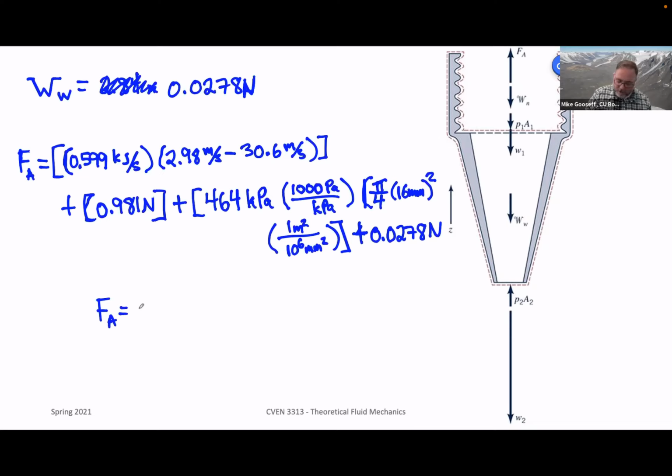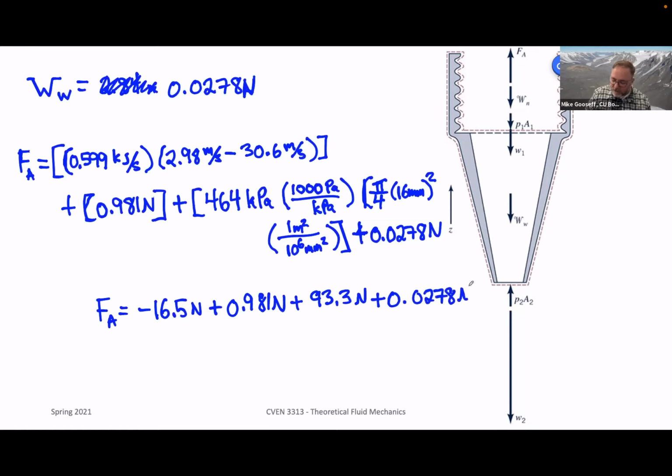And when you work all of this out, let me write this out. F_A comes out to be minus 16.5 is the momentum, plus 0.981 newtons, remember, is the weight of the nozzle, plus the pressure force is 93.3 newtons. And then we add the weight of the water inside of the nozzle, 0.0278 newtons.